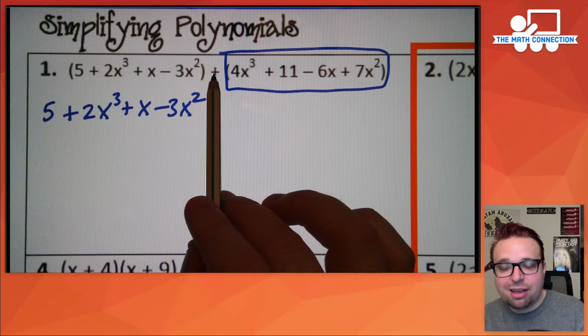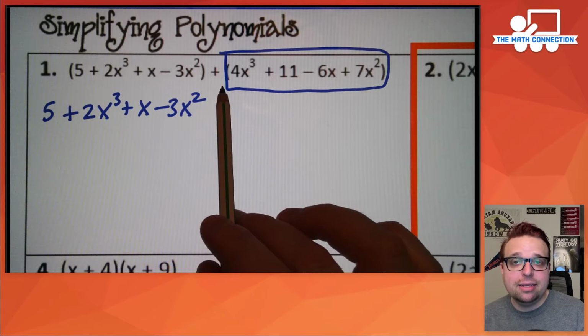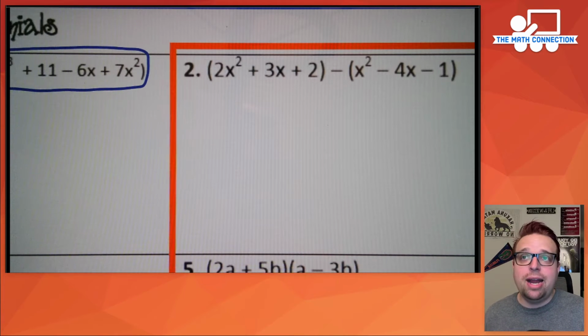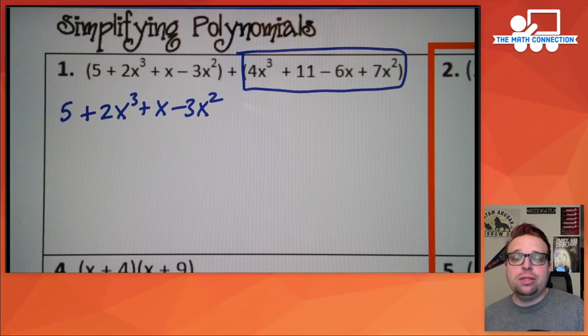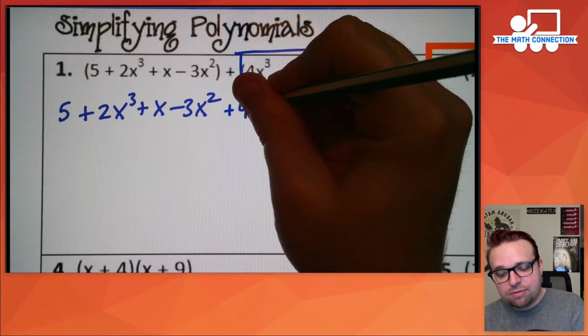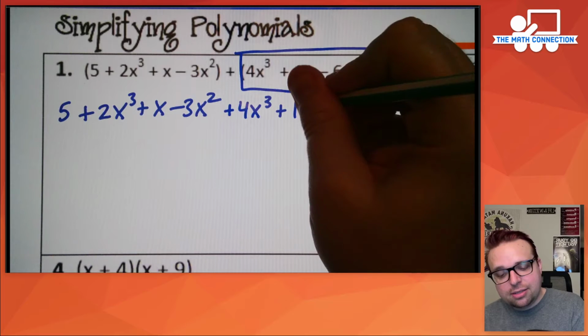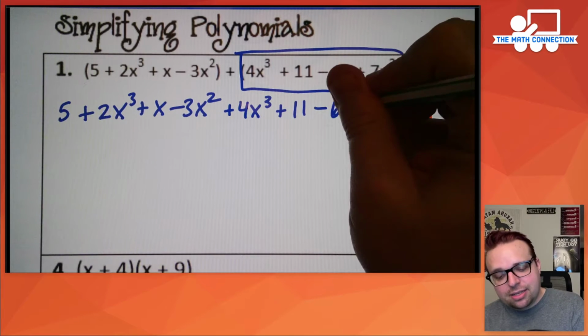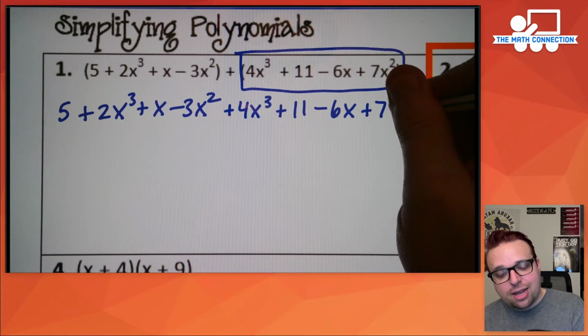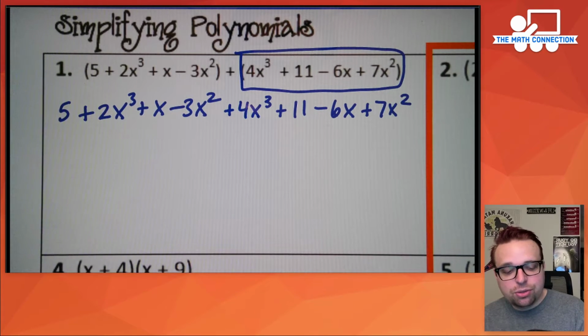And this sign in the middle could be a minus. Sometimes it is minus. I think number 2 is a minus. You need to distribute that sign to everything inside these parentheses. So this will still be plus 4x cubed plus 11 minus 6x, because positive times negative is still negative, and then plus 7x squared.